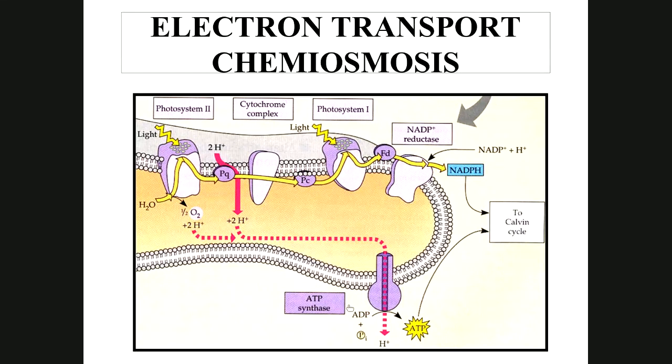But the ATP and the NADPH plus H are sent to the Calvin cycle. They have to be used by the Calvin cycle. The Calvin cycle has no way to get energy, so the light-dependent phase made the ATP for it, and these hydrogens and electrons are going to be taken in by NADPH plus H.